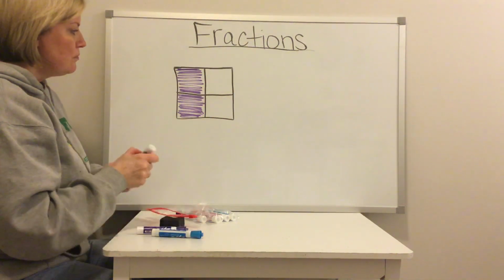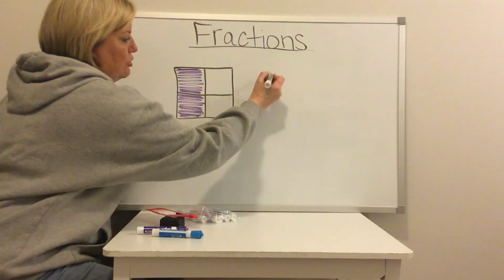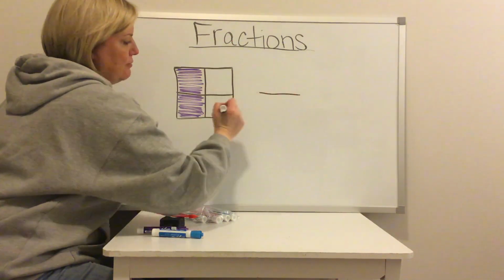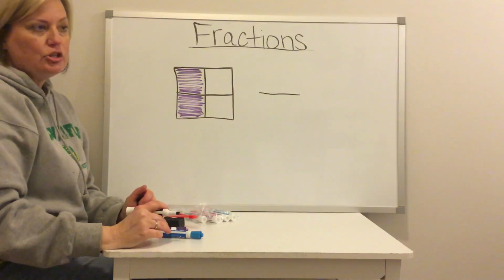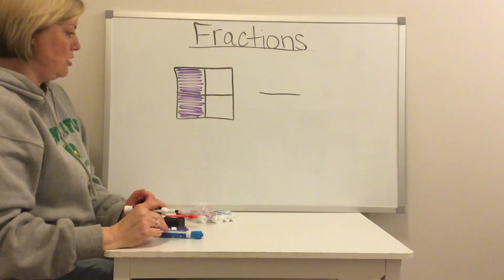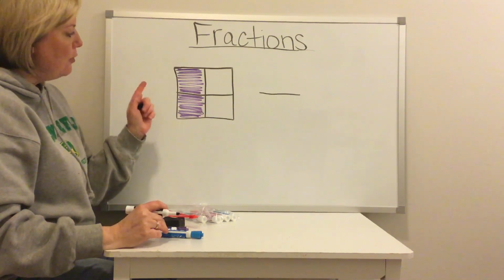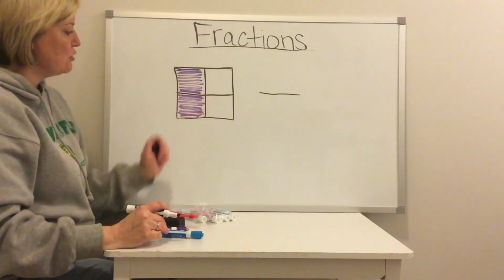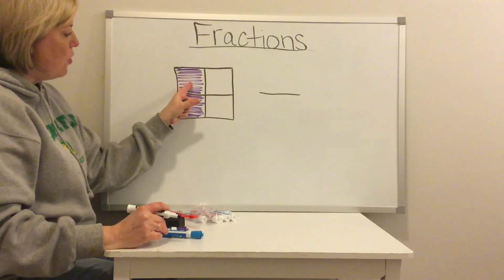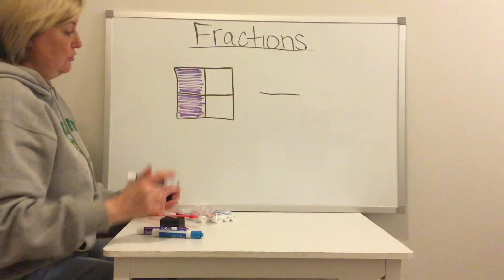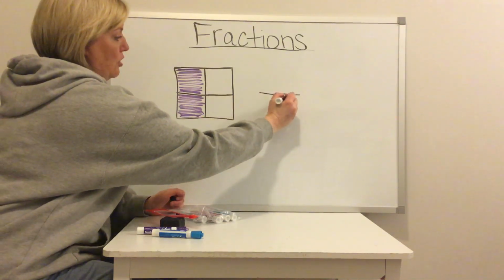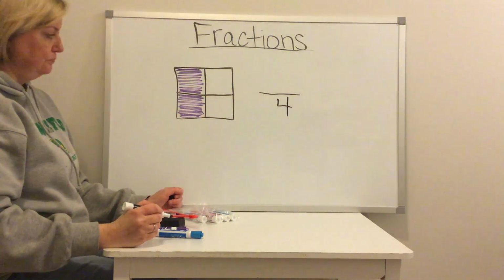Now, remember I have a numerator on top, a line in the middle, and a denominator at the bottom. The denominator is always the total number of parts. So, how many parts did I divide this square up into? I have 1, 2, 3, 4 parts. 4 total parts. So 4 is my denominator.